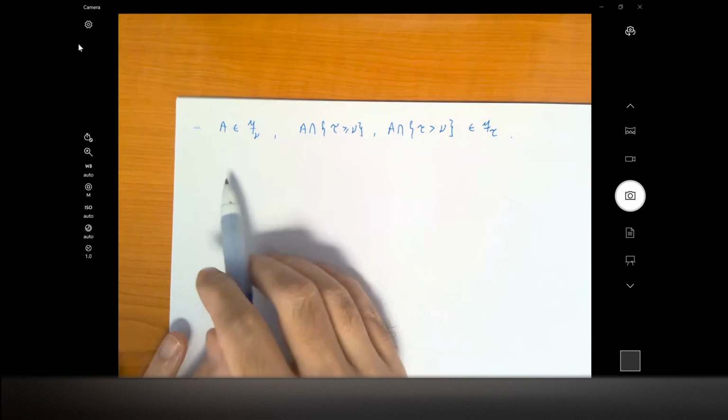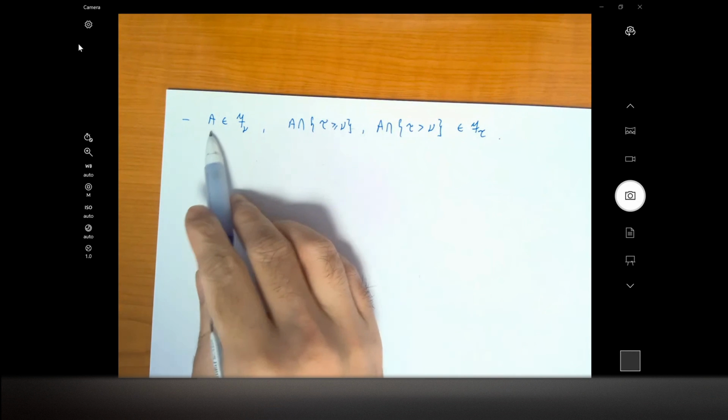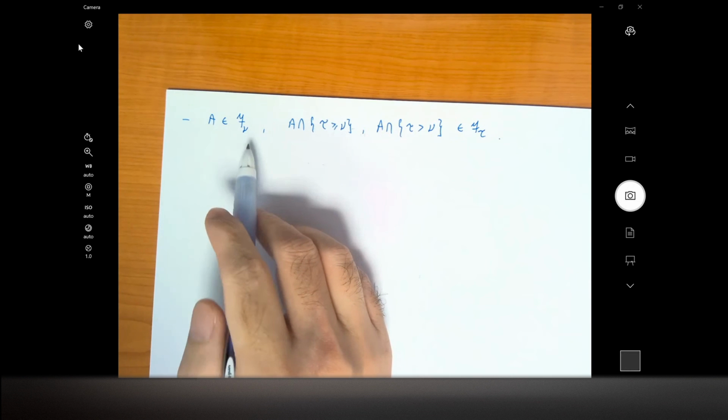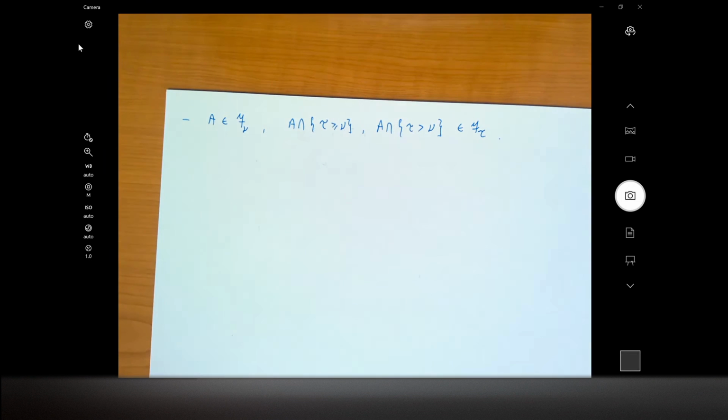So what does it say? An event A inside F nu is basically all those events that depend on information up to the stopping time nu.